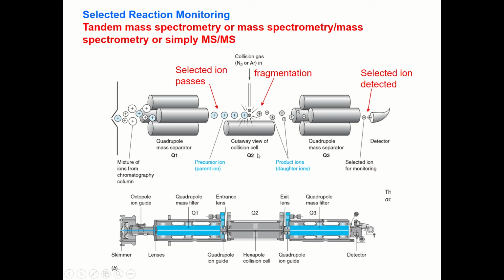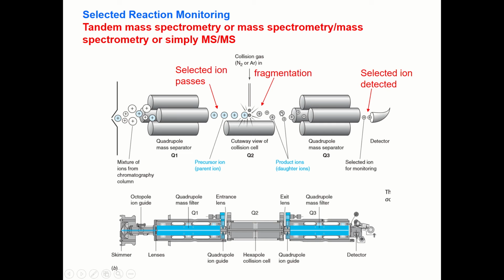fragmentation inside this mass spectrometer. Inside this Q2, your ions collide with gases, nitrogen or argon, and then fragmentation occurs.